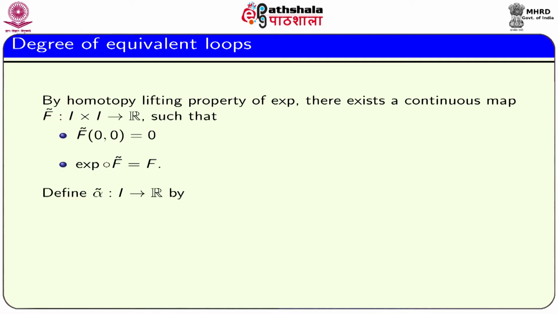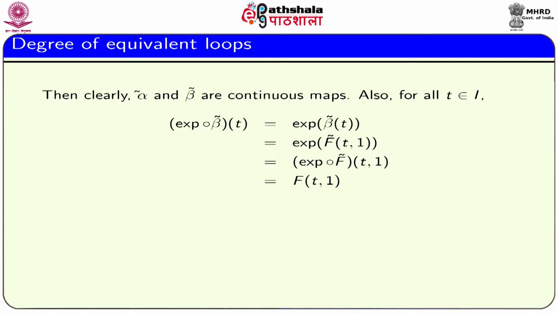We define alpha tilde by alpha tilde s equal to f tilde (s, 0) and beta tilde by beta tilde s equal to f tilde (s, 1). Then clearly alpha tilde and beta tilde are continuous maps.